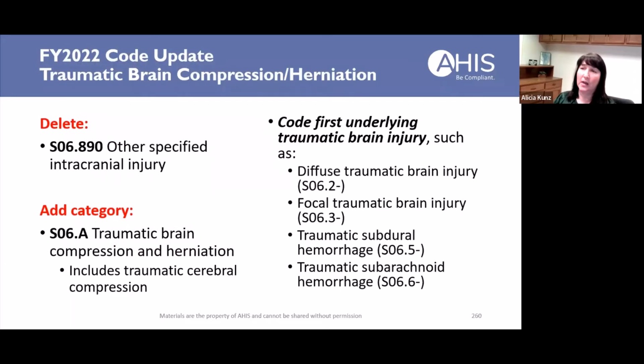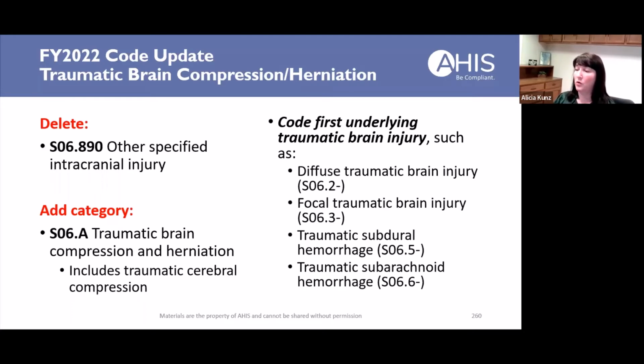Traumatic brain compression and herniation. We have some changes to the codes. It used to be S06.890, other specified intracranial injury. And now they've changed the category to S06.A for traumatic brain compression and herniation, which includes traumatic cerebral compression. And they're asking you to code first any underlying traumatic brain injury.